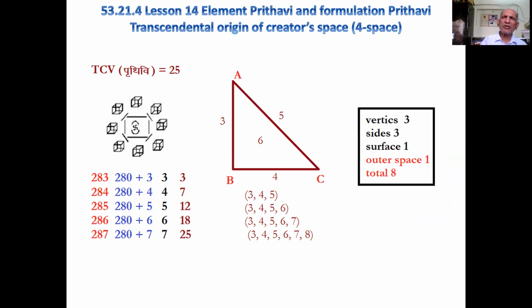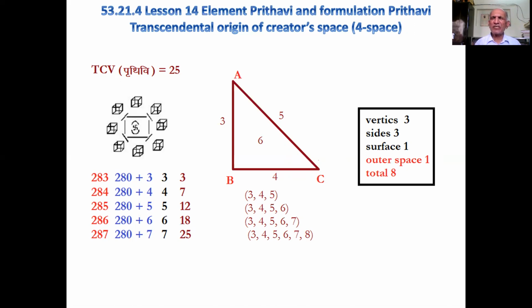It is of TC value 25. And let us now have a fresh visit to a triangle, which is a printout of three space within surface. This printout of three space within surface is the unique manifestation as a triangle.